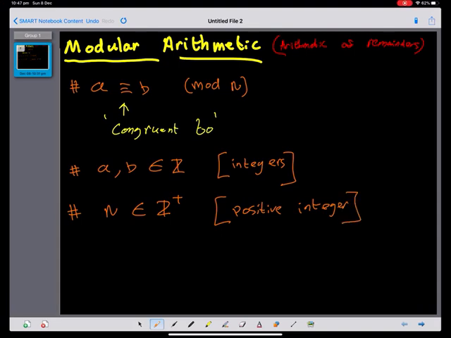Also, we can say that A minus B must be equal to Kn, where K is an integer. Okay, so let's have a look at some examples.